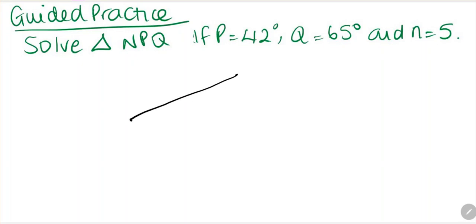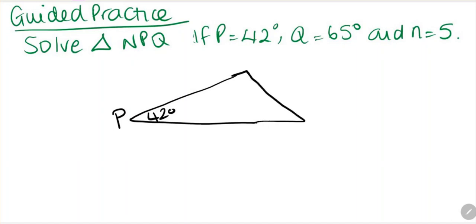So if we say this is P and this is 42 degrees, and we have Q, and we'll call this 65 degrees, and this must be N because it's NPQ. So this is little n and this is 5.